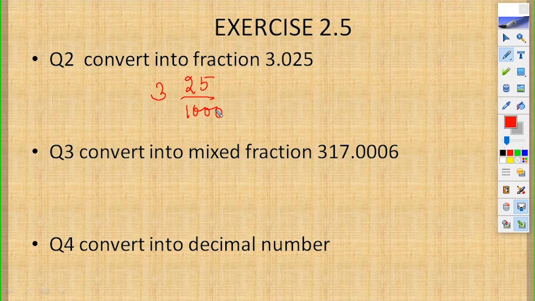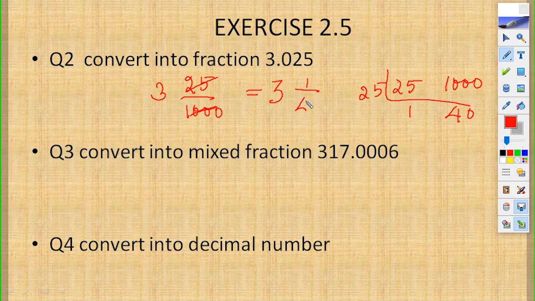Then I will divide 25 and 1000 by the HCF. I can divide by 25, it's 1, and here it is 40. I can divide both the terms by 25. I'll get 3 and 1 by 40. This is the first solution into a fraction.